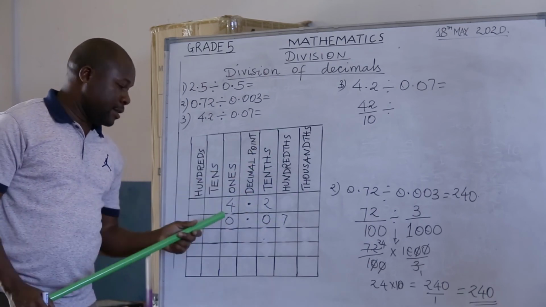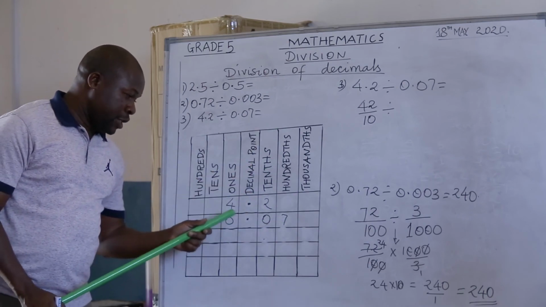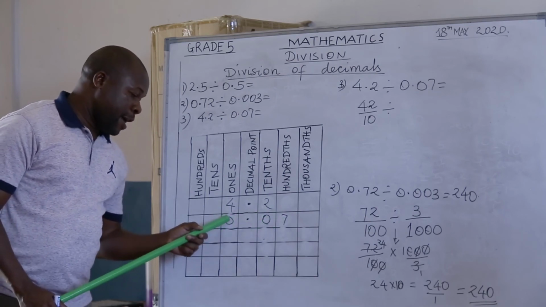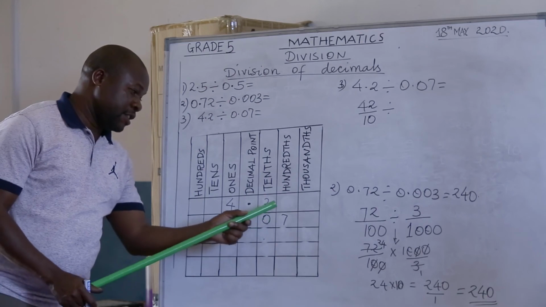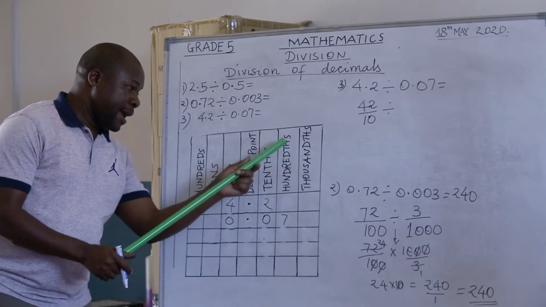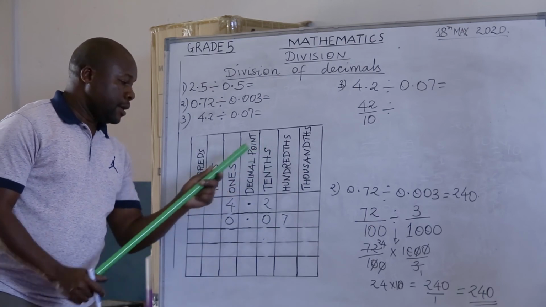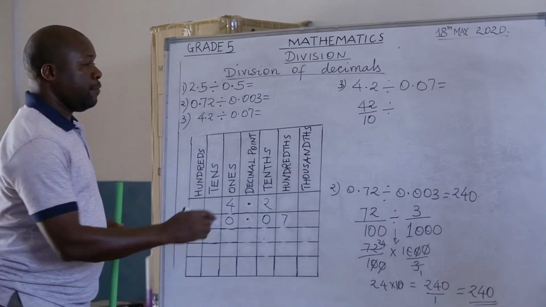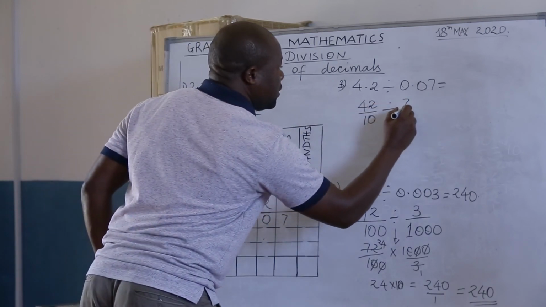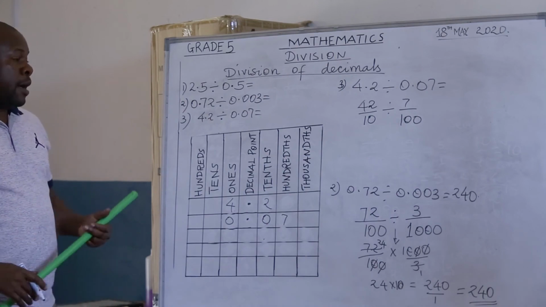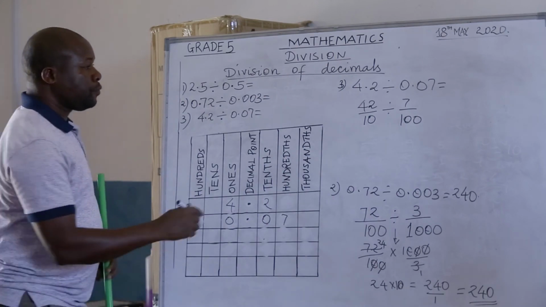We have a valueless digit and a valueless digit, then a digit with a value. So say 7 hundredths. Therefore, we are going to write it as 7 over 100.